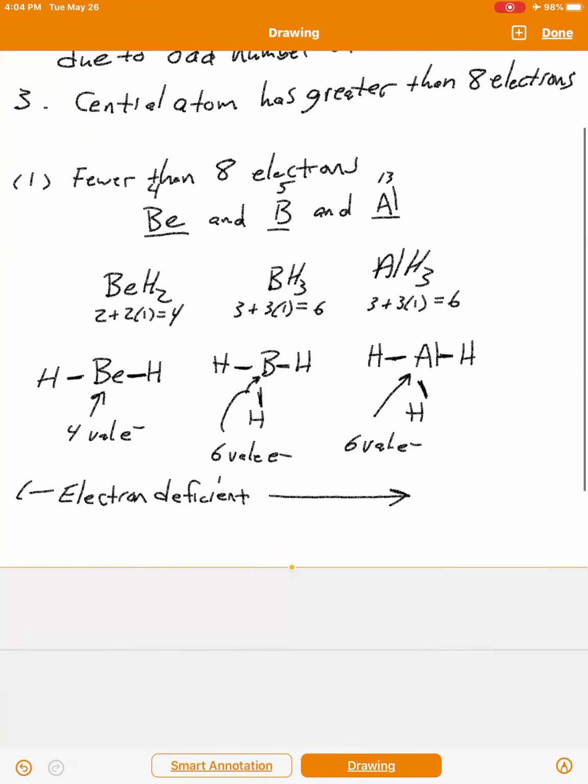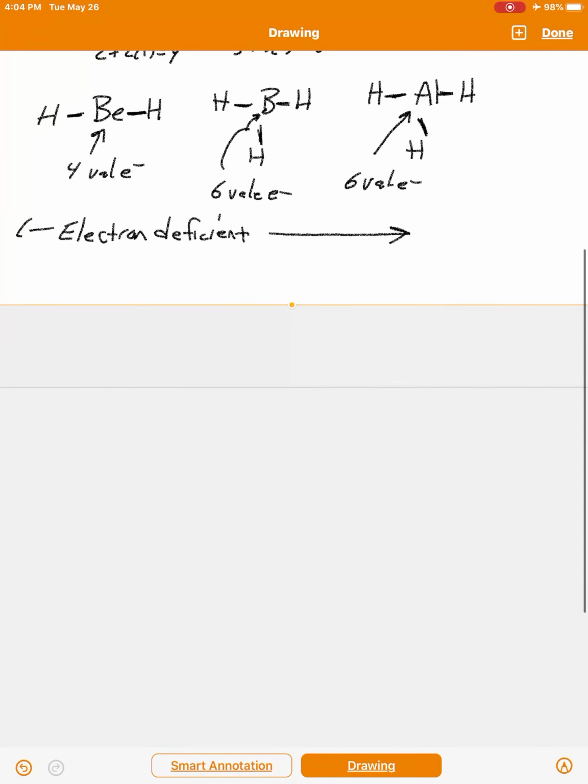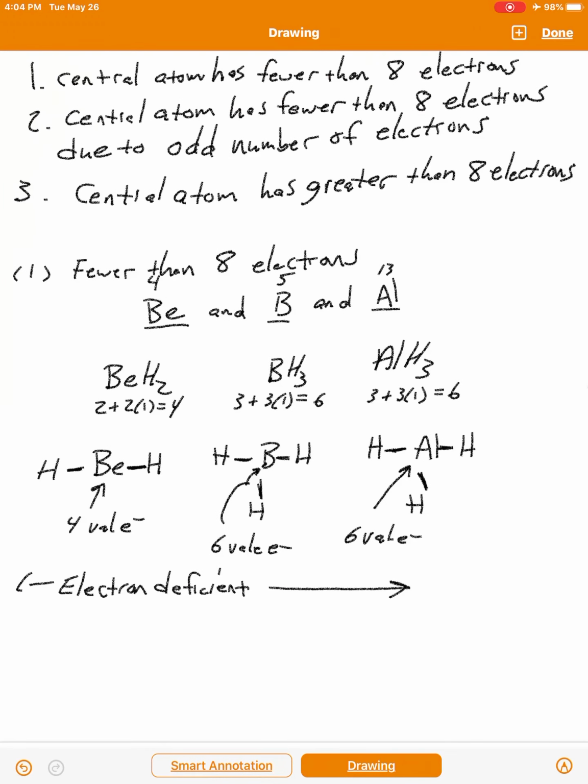Now it turns out it might make them actually kind of reactive. It's a way to explain their reactivities, because if you take something like boron, which only has 6 electrons, and you put it in with ammonia, NH3, it appears as though a bond is formed between the boron and the nitrogen, resulting in a formal charge of +1 on the boron.